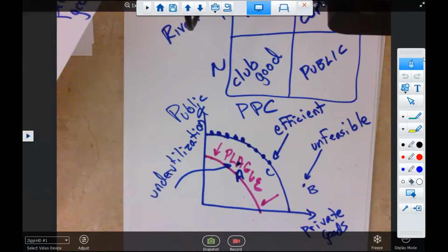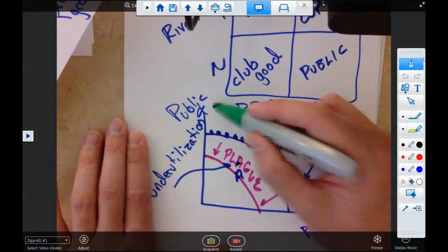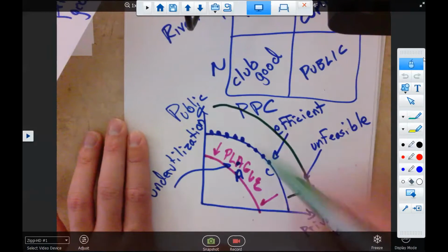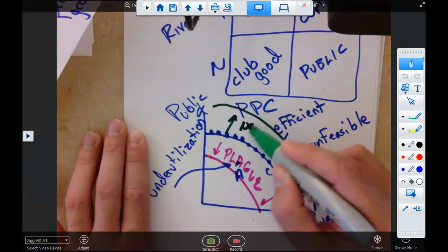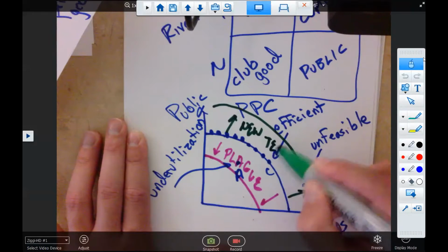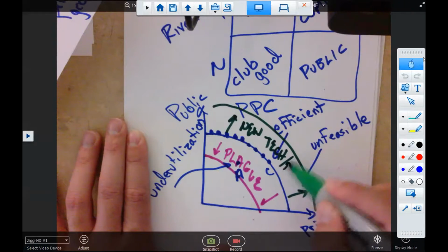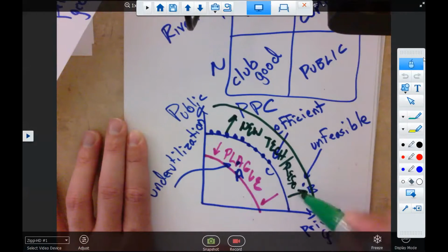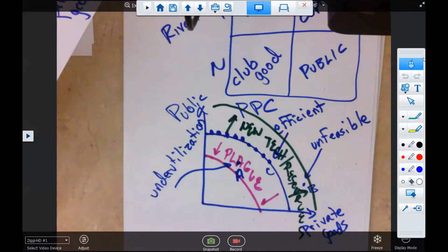What about if aliens come and share all their secrets of technology and resources with us? What happens to the PPC then? Shift outwards. Very good. New technology and resources. So if they find a new way to make plastic out of hemp, boom, that's going to shift the PPC up.